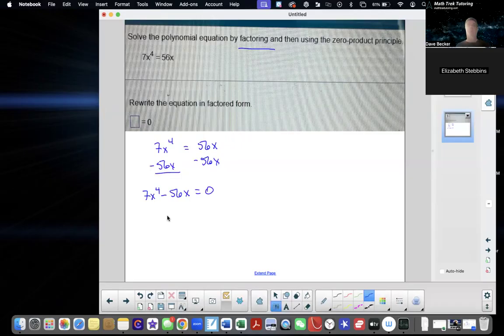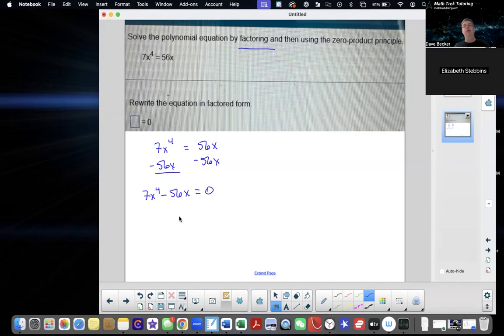Okay. So, with 7, do you know what I mean when I say factors? Like multiples? Okay. So, the only thing that multiplies to get 7 is 1 and 7, right? So 1 does us no good because if I factor out a 1, this doesn't change.